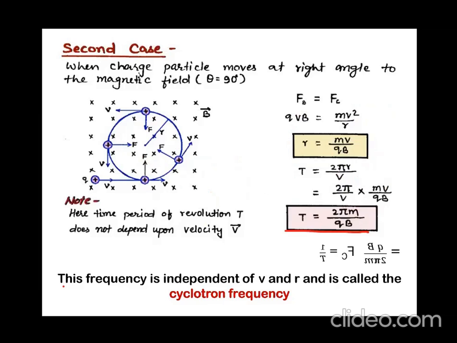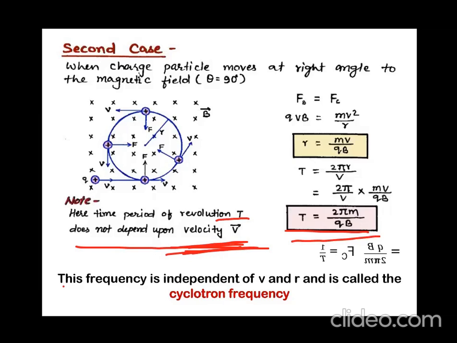The time taken by the charge to complete one circle is capital T, which equals 2 pi m upon q B. And note here, the time period does not depend upon velocity. It does not depend on the velocity with which your charge was initially moving, right?